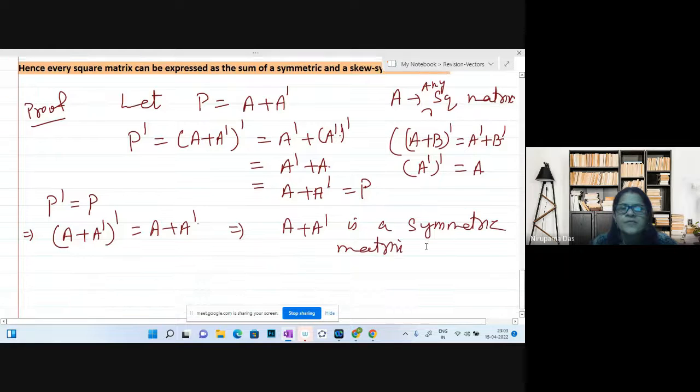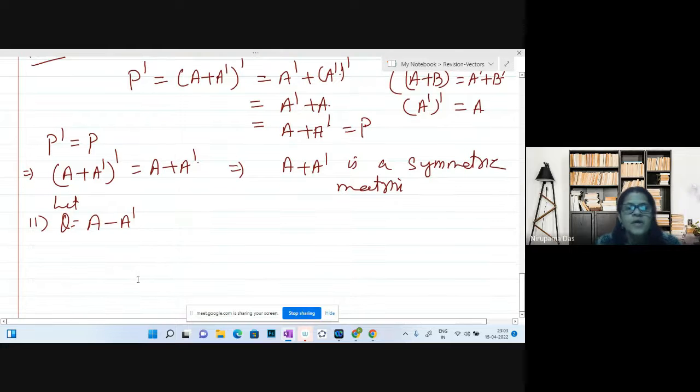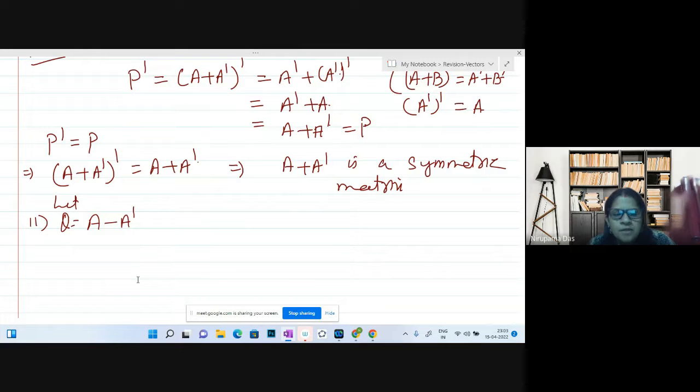Okay, now let us prove the second part. This is the first part. The second part is A minus A transpose, which is skew-symmetric. We have to prove it. So we can take Q equal to A minus A transpose. Whenever we have to prove any matrix is skew-symmetric, we have to prove the transpose of that matrix equals the negative of the matrix itself.